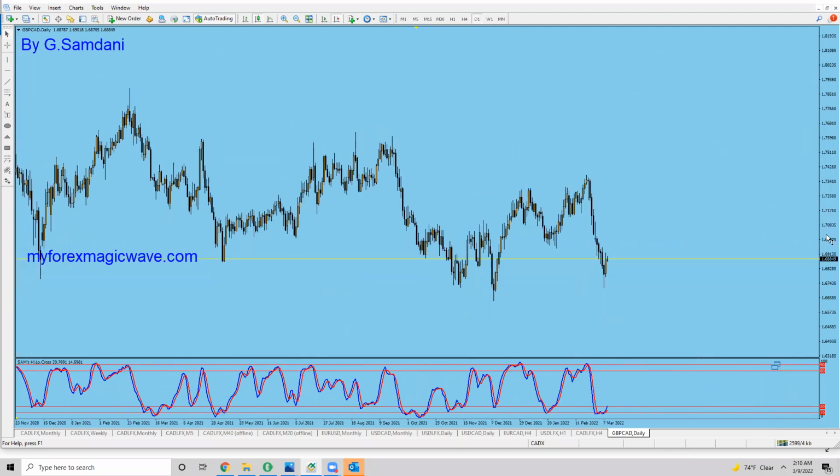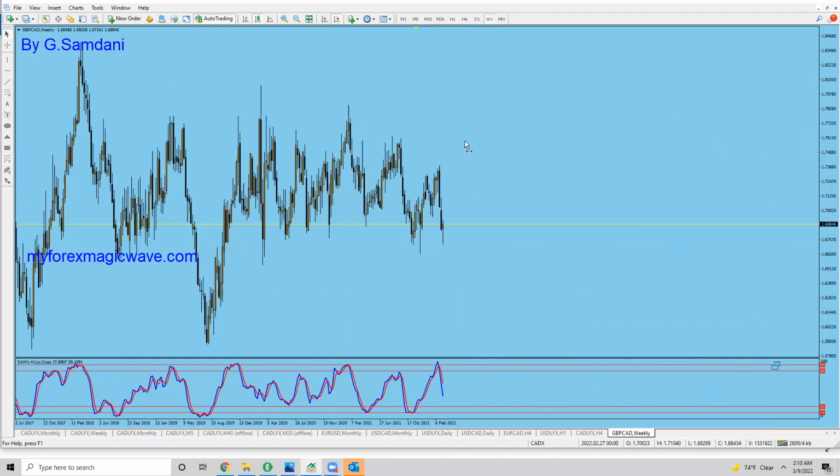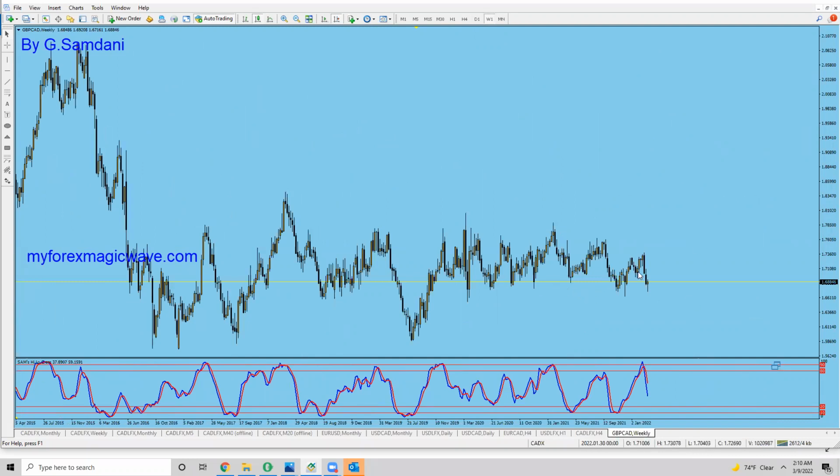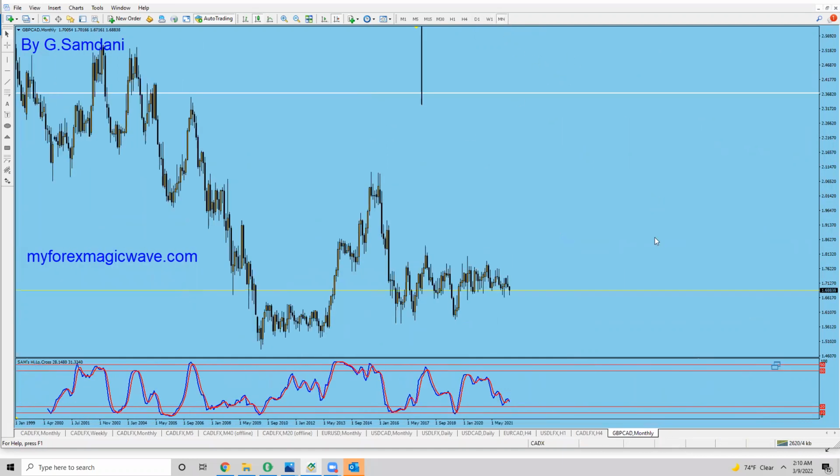Now, Pound CAD, it's been down already. And if CAD gets strong again, it's probably going to go down more. On a weekly chart, this is how it is. So it is at the support, but can it break the support and go down? Yeah, easily, right? But you see, this is totally sideways for months and months, probably a year.